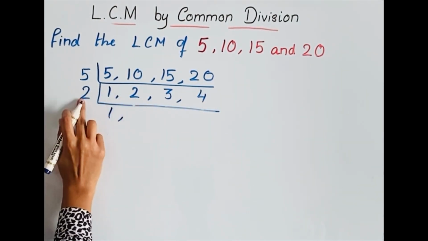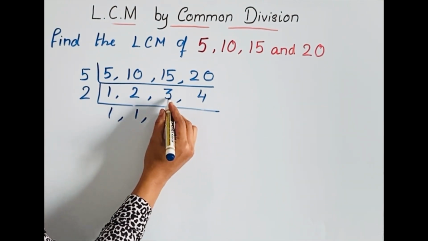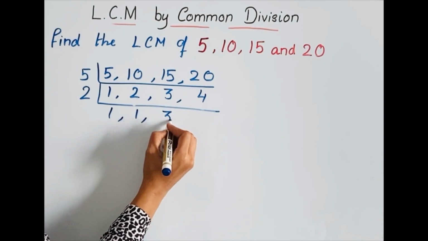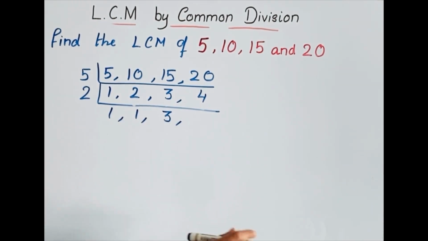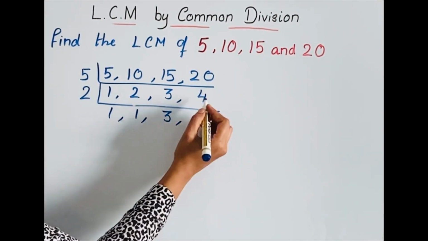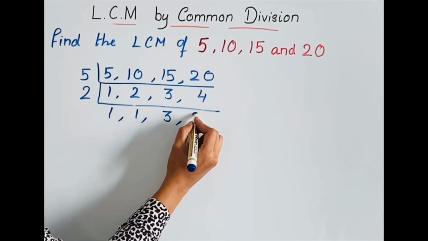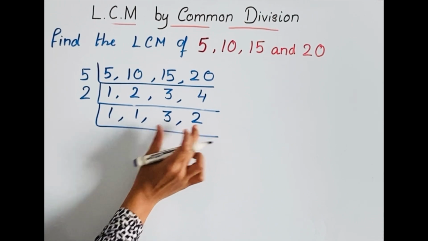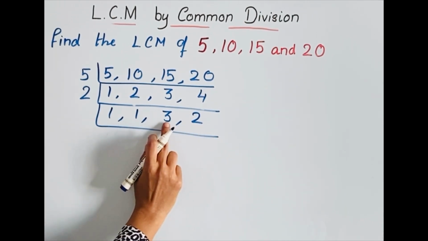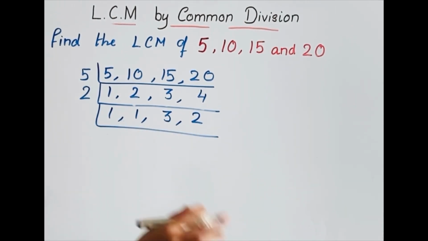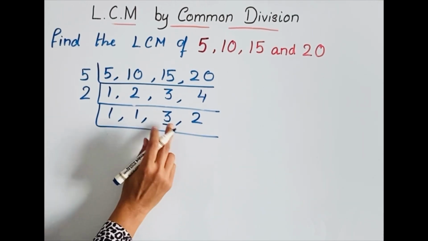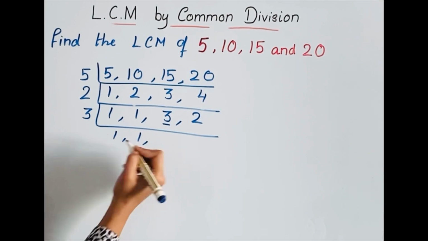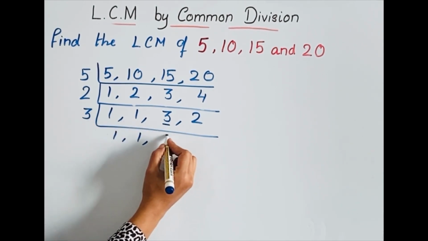So 2 divided by 2, 1. And 3, 2 is not a factor of 3, so keep the number the same. If it is not a factor, don't divide it, keep it as it is. Then 4 divided by 2, 2. Next, for these two numbers, there is no common factor. If it has no common factor, then use its factor. 3's factor is 3. Divide by its factor. 3 divided by 3, it's 1.